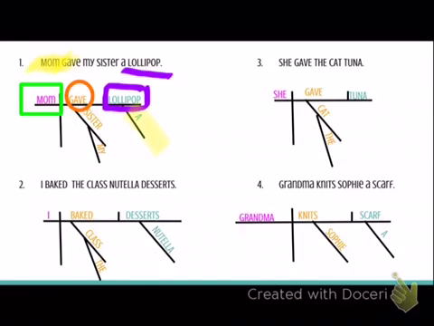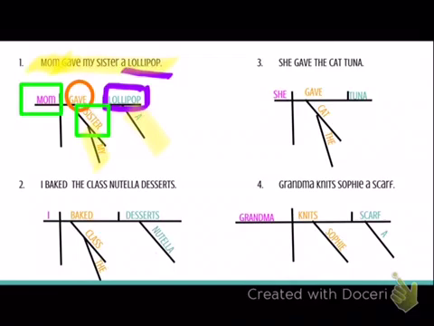Now the central question. For whom was the lollipop given? My sister. So my sister will be the main indirect object, but then we will create another line because my is describing sister.